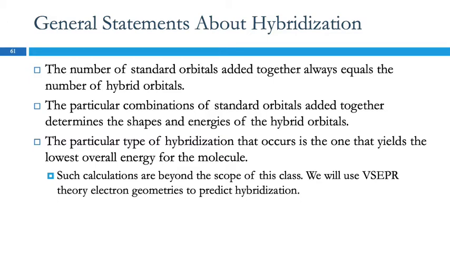And the kind of hybridization that happens is whatever gives the lowest energy. Doing a calculation like that to find out which one gives the lowest energy is way beyond the scope of this class. So we're going to use VSEPR theory to predict the hybridization so that we don't have to do all that crazy math.